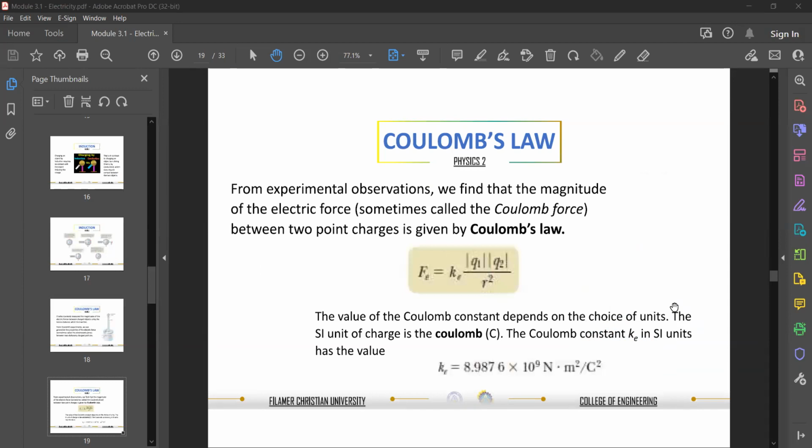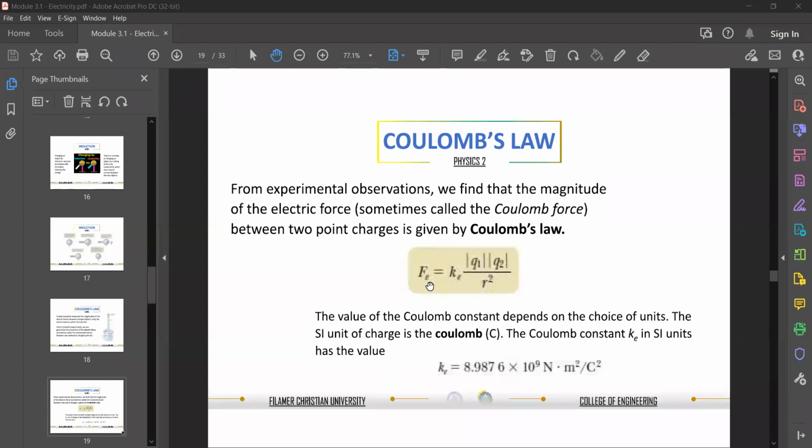Okay, so these are the stationary charged particles. From the experimental observations, we find that the magnitude of the electric force, sometimes called the Coulomb force, between two point charges is given by Coulomb's law. Recall from the last part of Physics 1 that this also resembles the formula for the law of gravitational force, right?